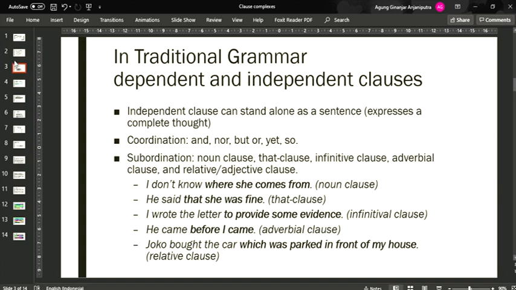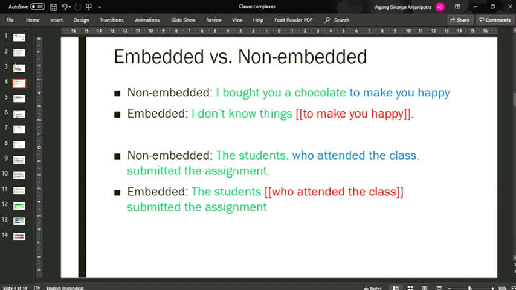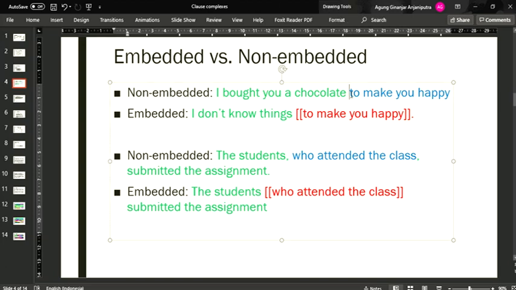Okay, next one is about embedded and non-embedded. So dependent clauses can be embedded and non-embedded. What's the difference? In non-embedded, for example, "I bought you a chocolate to make you happy." But in embedded, "I don't know things to make you happy." So "to make you happy" in the first sentence does not specify a chocolate, but it modifies the whole sentence.